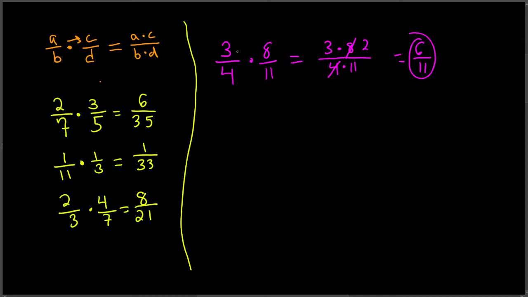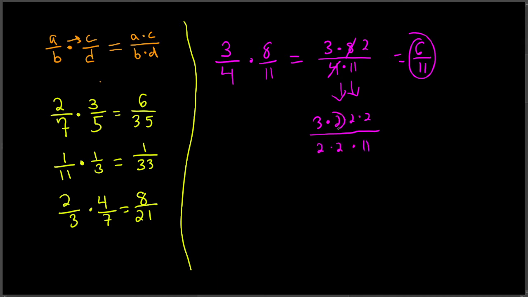So if we think of these as being factors, we can look for factors that will nullify each other. And if I write my factoring out fully, using the prime factorization, 8 is 2 times 2 times 2, and 4 is 2 times 2.